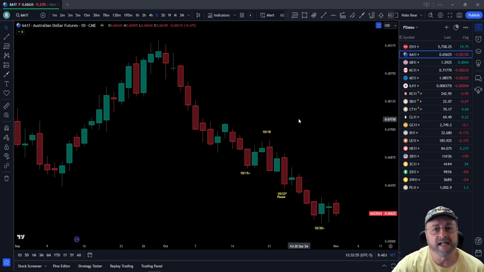And how our guidelines work is that if you want to take the sell setup, you would only enter if it confirms. If it confirms.